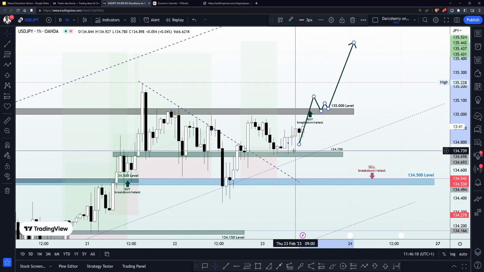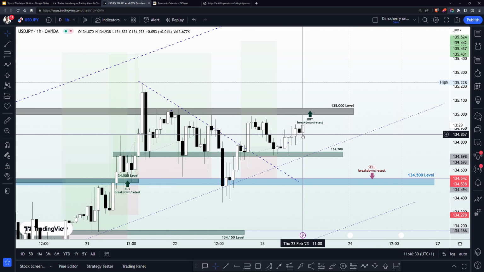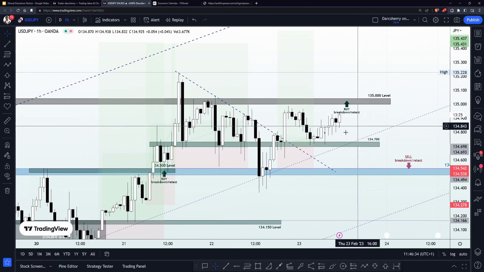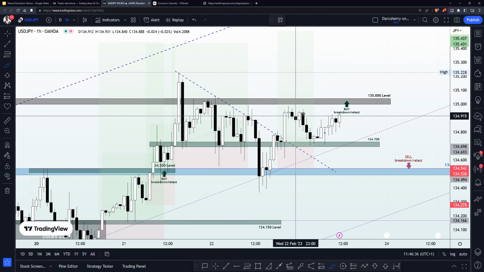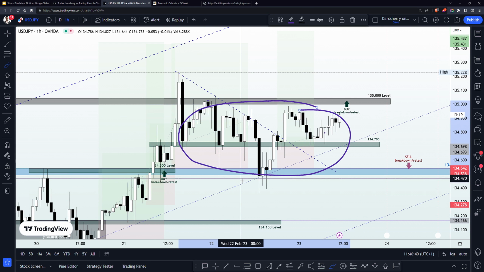So if you have a buy position running right now, ensure you have moved your stop loss accordingly to secure this current position, as we anticipate a breakout of the 135.00 level to add more position to our existing trade. And more of this consolidation phase we have been witnessing here is as a result of market participants anticipating a catalyst to bring liquidity into this market.